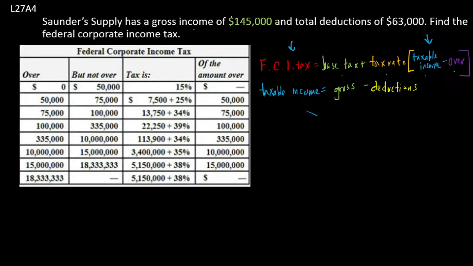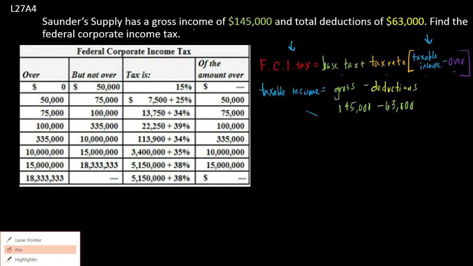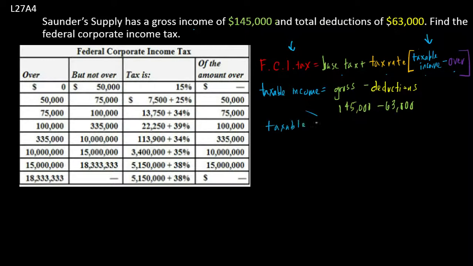So I'm going to take $145,000 and subtract from it my total deduction of $63,000. Okay, so $145,000 minus $63,000 gives me a total taxable income of $82,000.